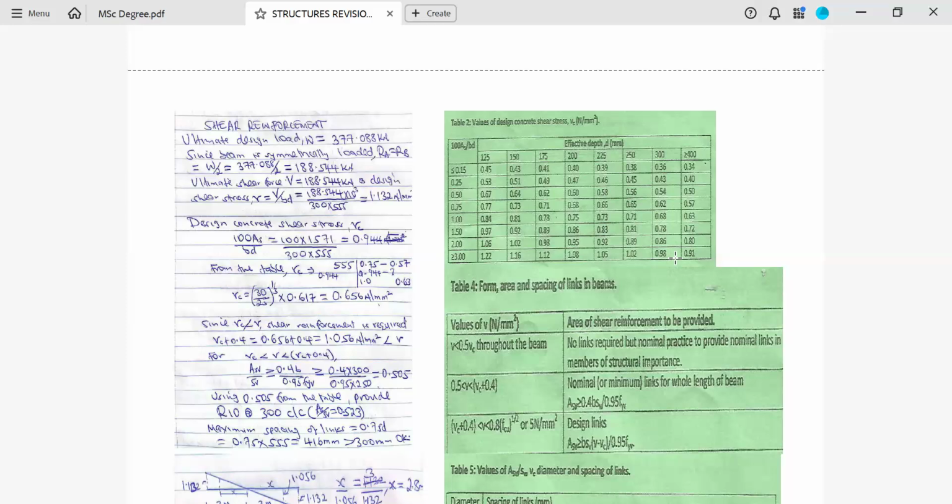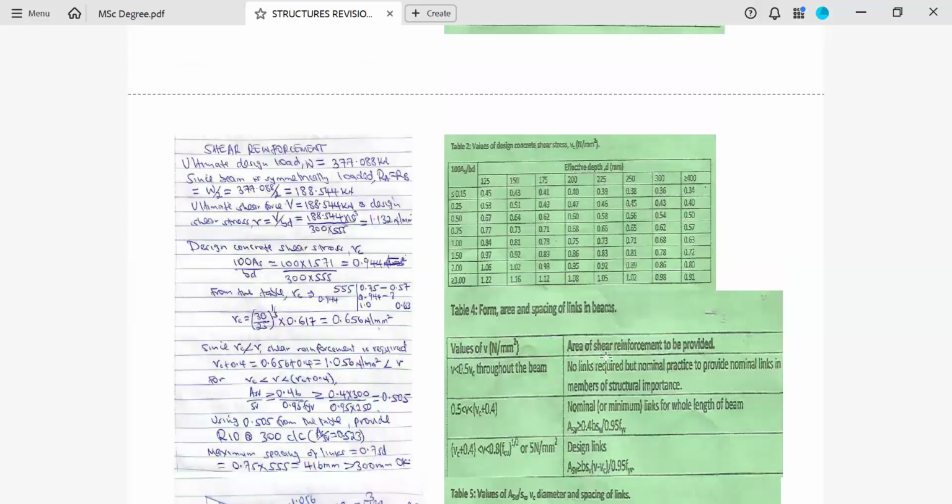Now, 0.4 times B being 300. Then our 0.95 is a constant, it depends on the edition of the BS8110. Now, FYV, strength of shear reinforcement, we were given as 250 Newton per millimeter squared. Now, we get a value of 0.505. Now, what do you do with this value?